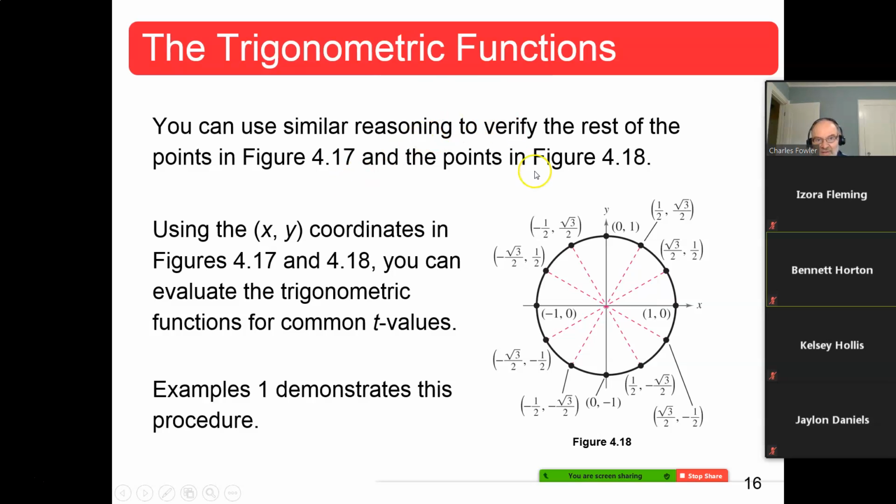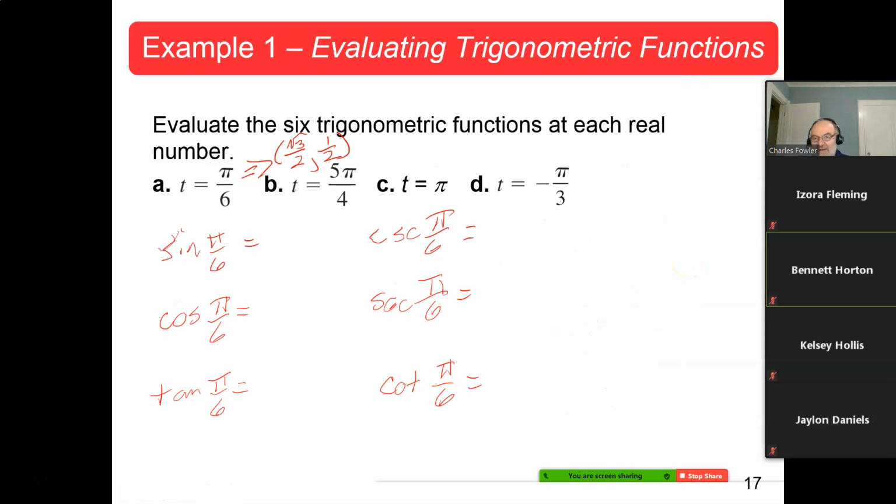There it is. Pi over 6 is right here. It's root 3 over 2, 1/2. There's the ordered pair that corresponds to that. So from that, you've got it knocked. Remember what sine is? Sine is always the y value, 1/2. Cosine is the x value, root 3 over 2.